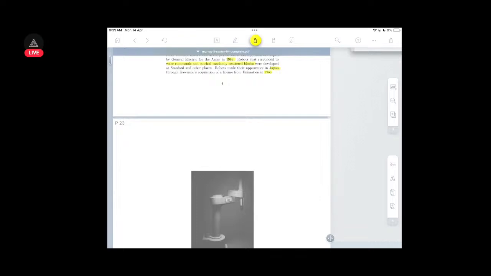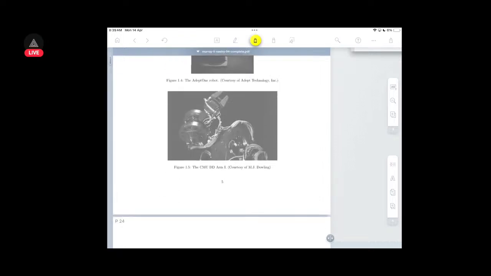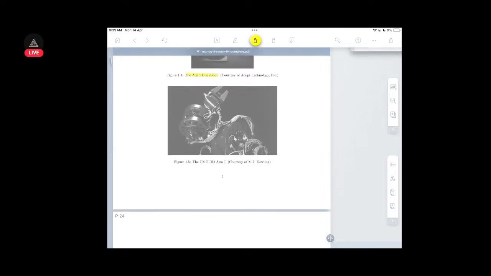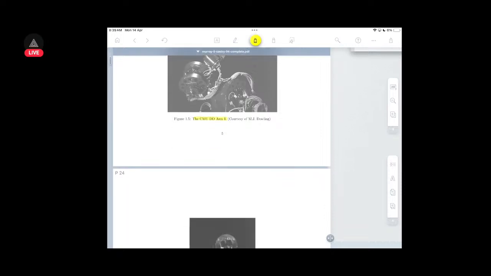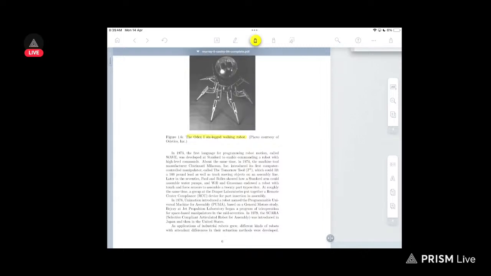Japan also came in at this time with Kawasaki's acquisition of a license. So this is the Adept 1 robot, and this is the CMU DD Arm 1. This is also the ADAMS 1, a six-legged walking robot.